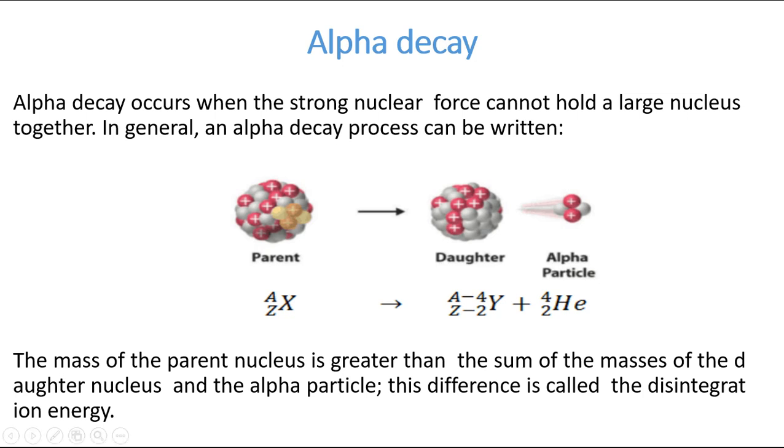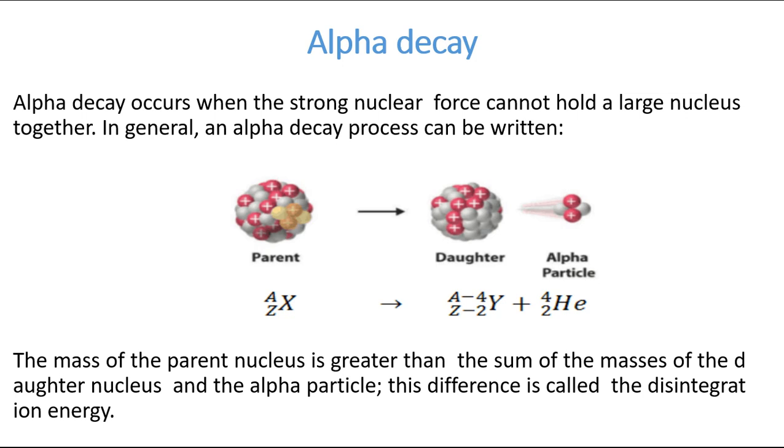In the next slide I will show you the basics of alpha decay. Alpha decay occurs when the strong nuclear force cannot hold a large nucleus together. In the figure you can see the parent nucleus decaying via alpha decay, and we have an alpha particle as the outgoing particle.